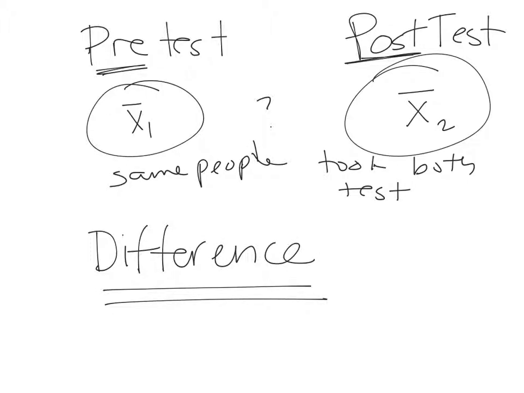So what you do with the matched pair t-test is you have 2 samples, but they're organized by student or by sample collection, and you look at the difference between the 2 scores. So here is an example.